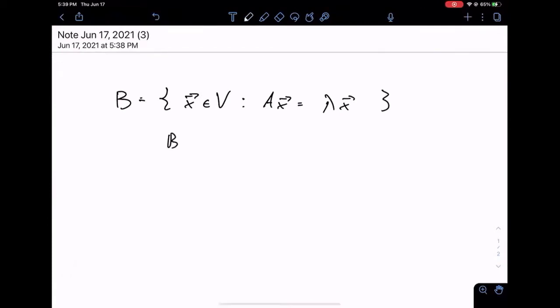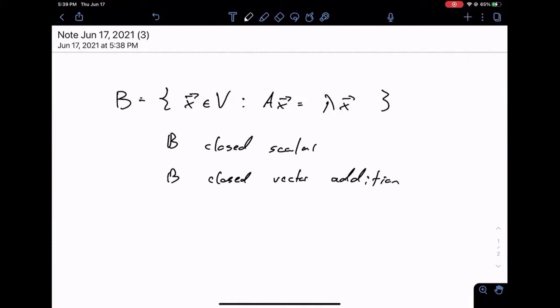What do we know? We know B is closed under scalar multiplication. B is closed under vector addition. The only other thing, depending on how you define the subspace, we should check that the zero vector is in there as well. It is.